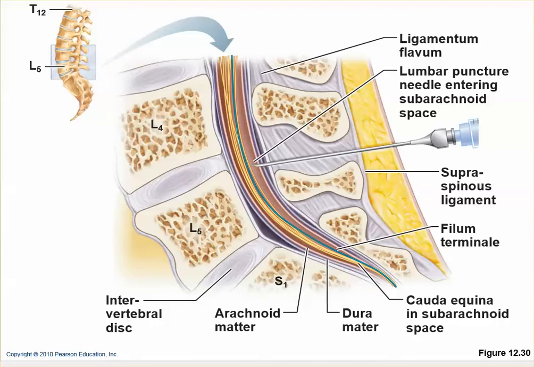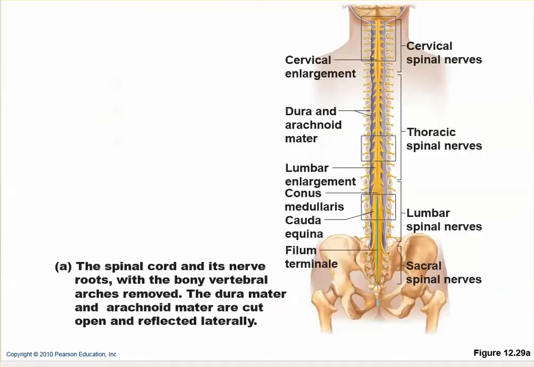When we look down here, this picture is showing a lumbar puncture. This is happening down below the level of where the spinal cord is, because it's much safer to do it there. There's nerves there, but there's not the spinal cord itself. You'll see that the green is the filum terminale. It is not nerve. It's a connective tissue, a supportive tissue.